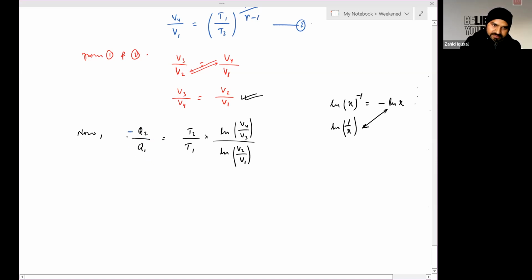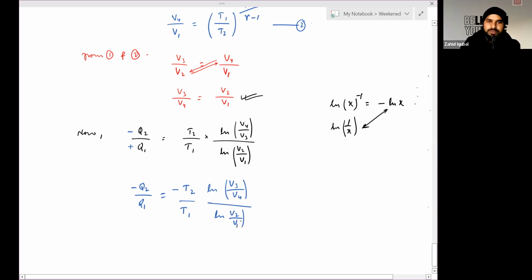So on further, we may write minus of Q2 divided by Q1 equals T2 divided by T1 multiplied by minus ln V3 divided by V4, whole divided by ln V2 divided by V1.